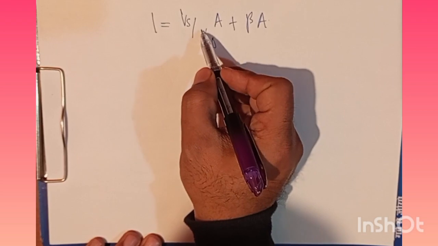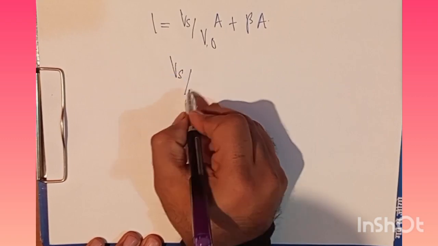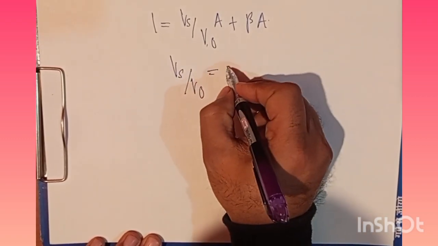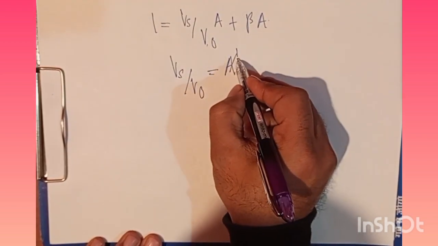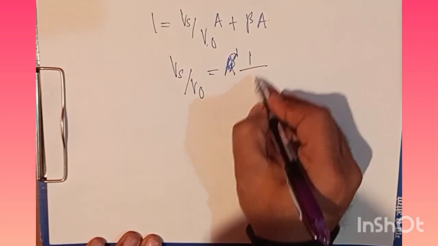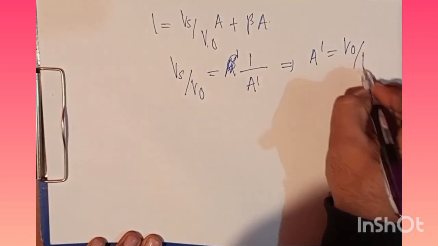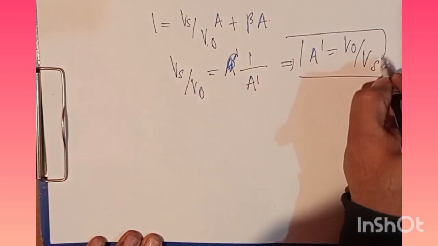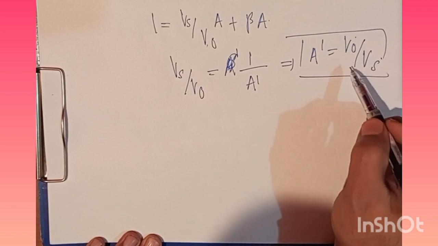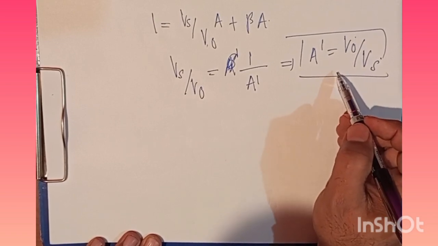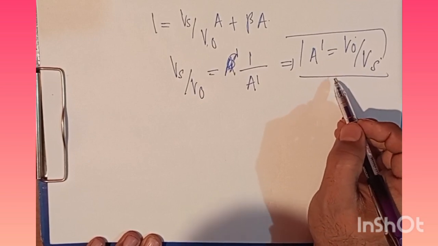So let me represent it as A dash. It cannot be A dash, it has to be 1 by A dash, because originally A dash must be V out by Vs, the gain in presence of the feedback circuit that we have attached to the amplifier.